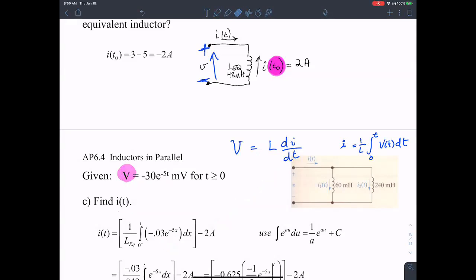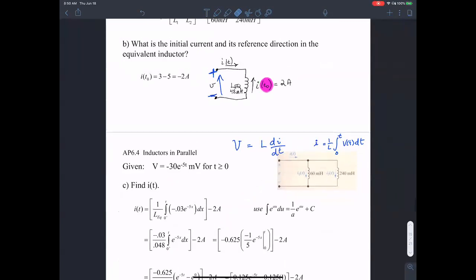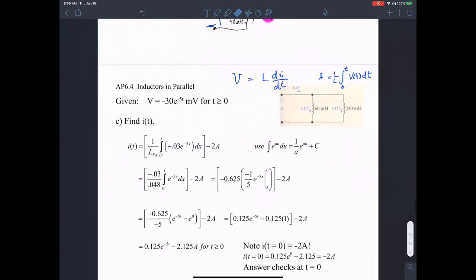Once you calculate the integral, you're going to be left with the initial condition, the negative 2 amperes that we found out earlier. That's the initial condition all along. And this other term is calculated from the integral. Once we calculate the value, this is going to be the expression for current.